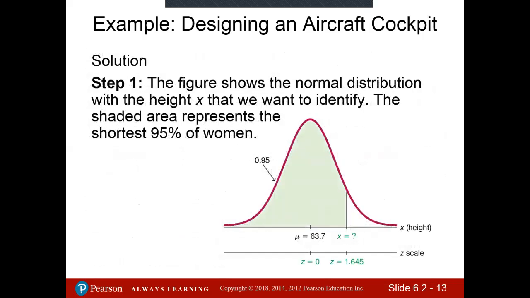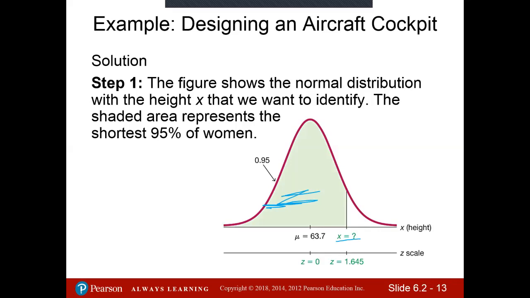Well, here is the approach. The figure shows the normal distribution with the height x. We are looking for the x value so that we have 95%, that is 0.95, to the left of it, with a mean of 63.7 and a standard deviation of 2.9.